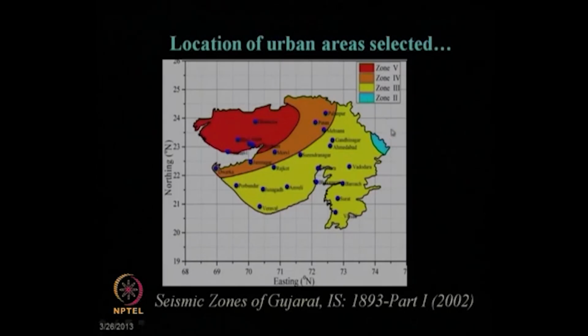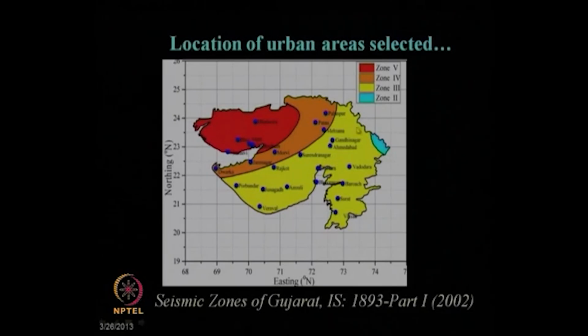This is the map of Gujarat state in India, including the seismic zonation map as per our Indian seismic code IS 1893 part 1 of the year 2002 version. Gujarat is the only state in India which has all the 4 zones mentioned in the IS code, that is zone 2, the least vulnerable one, and zone 5, the most vulnerable one.